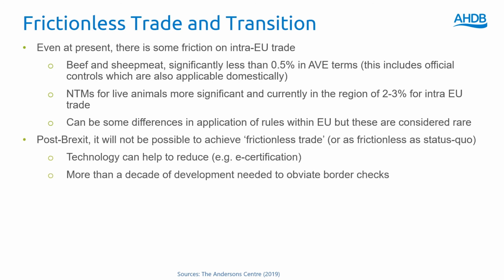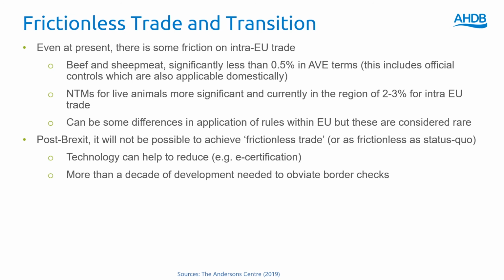And in terms of looking at the post-Brexit situation and achieving frictionless trade, well, we don't believe it will be possible, if the UK is leaving the single market and customs union, to achieve trade as frictionless as the status quo. Yes, technology has a role to play in helping to reduce the impact, particularly around e-certification. Countries such as New Zealand are progressing on that front.